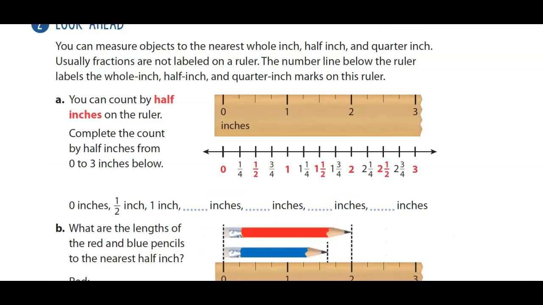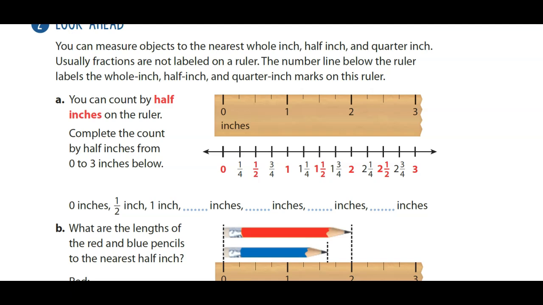It says you can measure objects to the nearest whole inch, half inch, or 1/4 inch. A 1/4 inch is when it's a whole number and it's 1/4, 2/4, or 3/4. Half inch, obviously, is just a half like that. A whole inch is just the whole number in red. So I'm on this page right here.